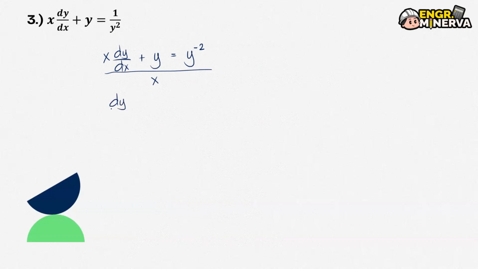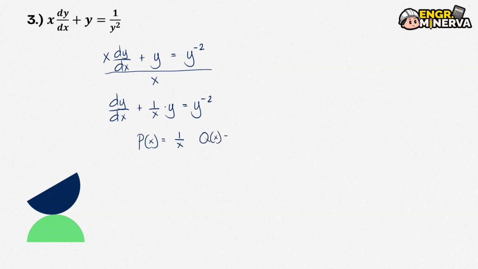That would be derivative of y with respect to x plus 1 over x multiplied to y equals y raised to negative 2. So this time we determine our p of x. That would be 1 over x. Our q of x, okay, you do not have any term here on the coefficient, so it means our q of x is just 1 and our n is negative 2.